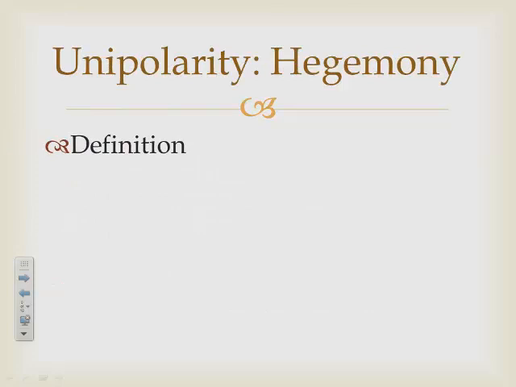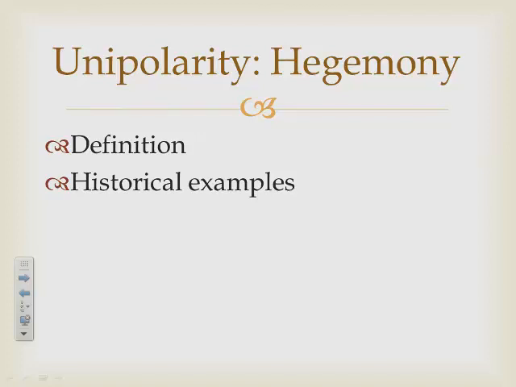So unipolarity, or another term for that is hegemony, is where there's one state that has a great deal of power, a great deal more power than other states. Historical examples include England during the late 18th and entire 19th century as the most powerful state in the system.